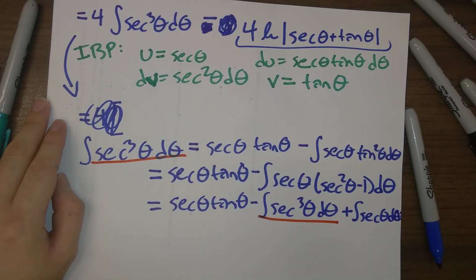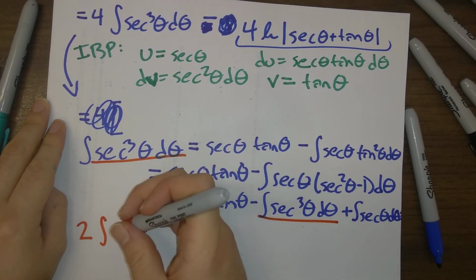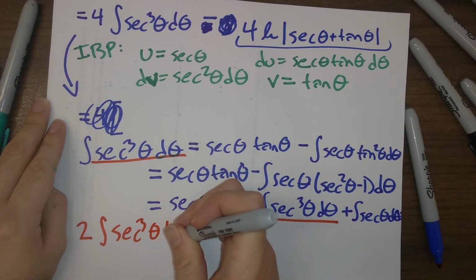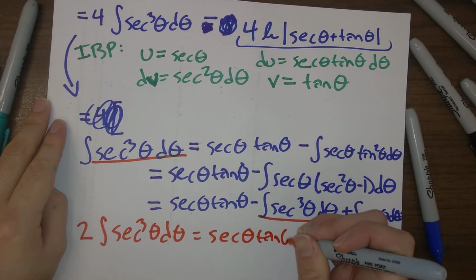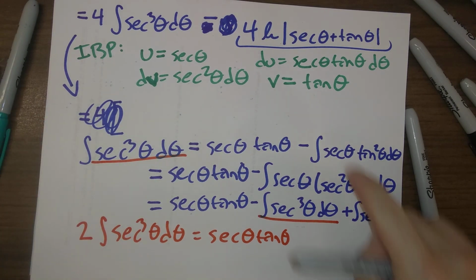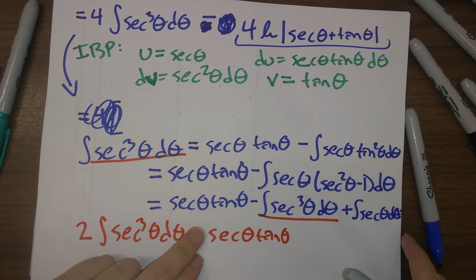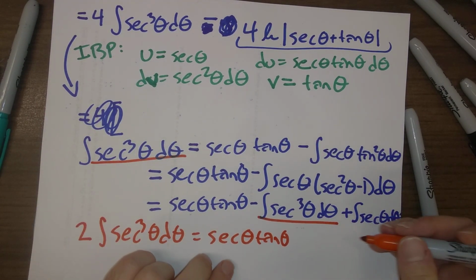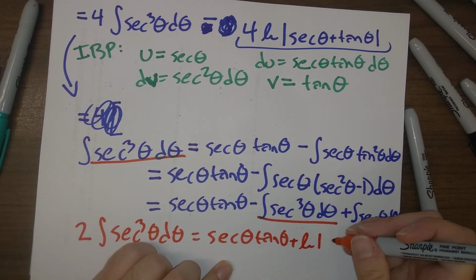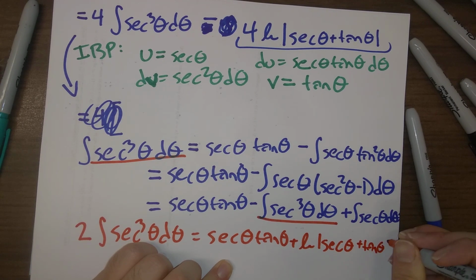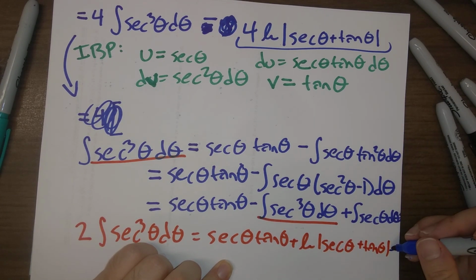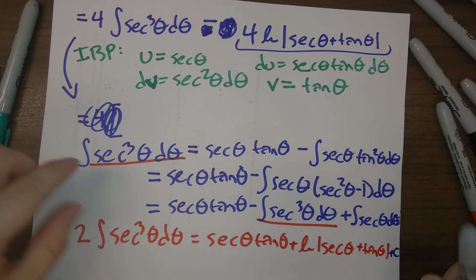So we move this factor to the other side. So 2 times the integral of secant cubed theta d theta is secant theta tangent theta, and then we know from up here that the integral of secant theta is natural log of secant theta plus tangent theta. And we want a plus c here to finish that off.